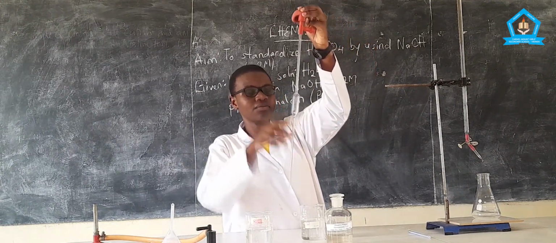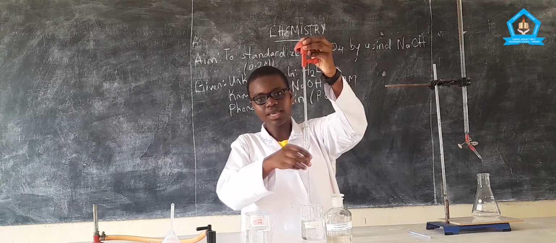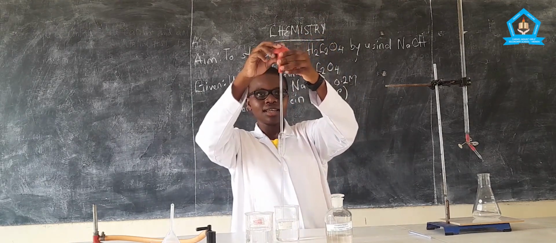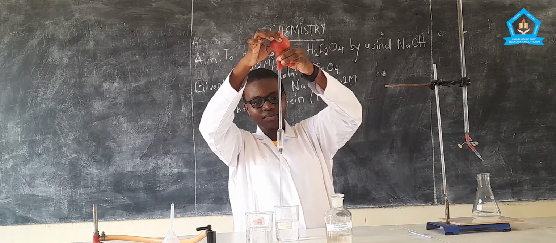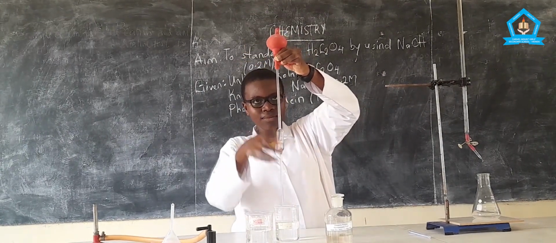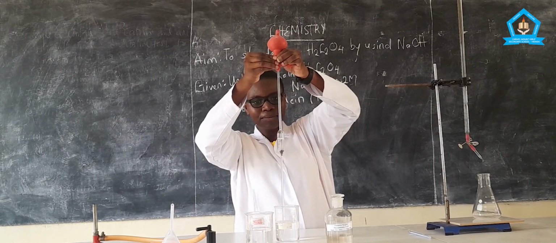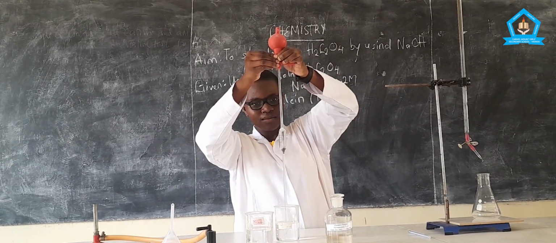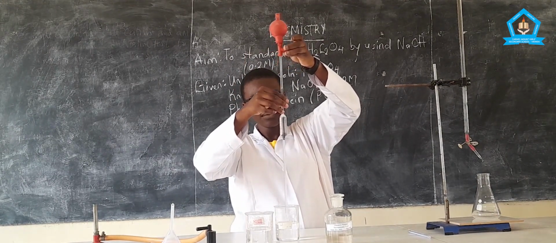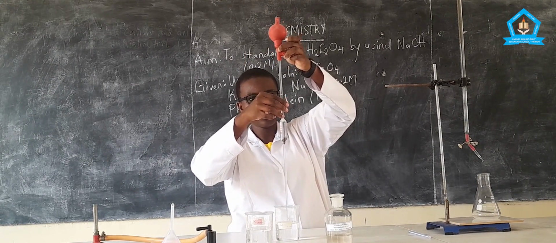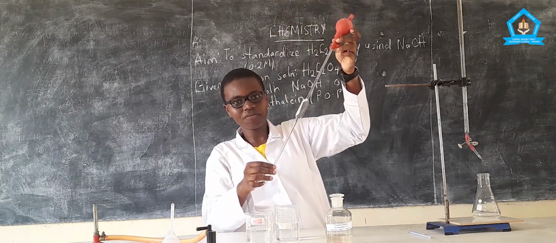How can we fill? Insert it in your beaker containing the solution, and hence pinch the upper part. As you can see, it is rising up. There we go. We have already got our volume of base.